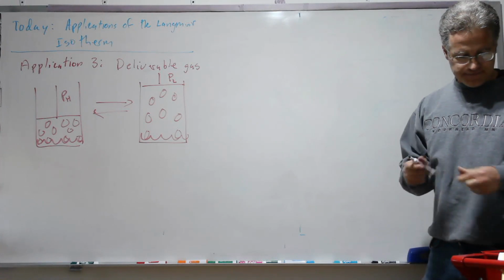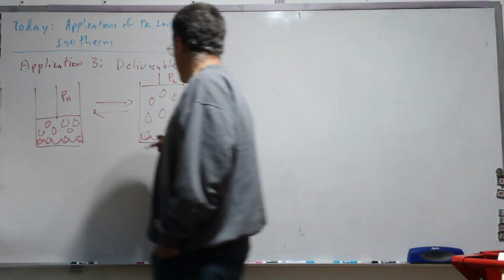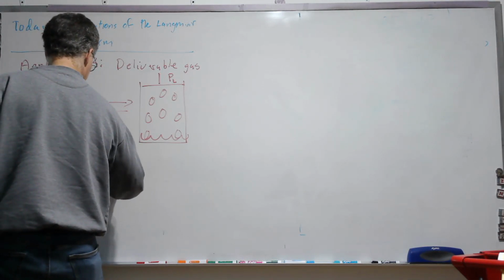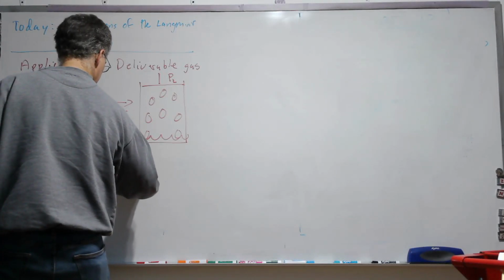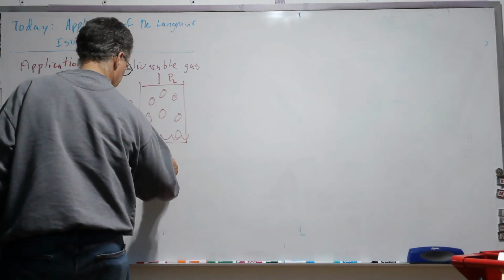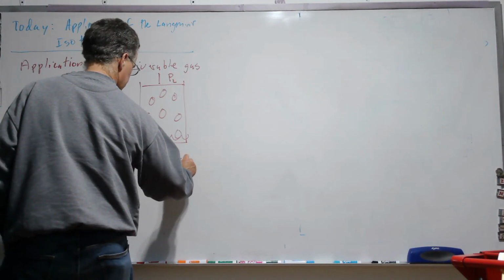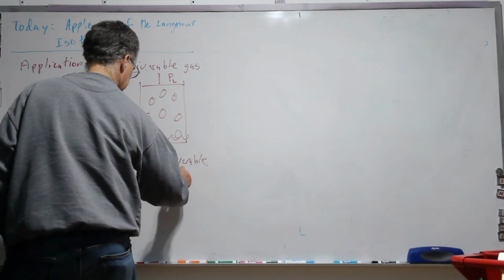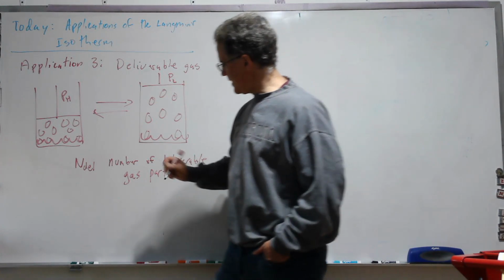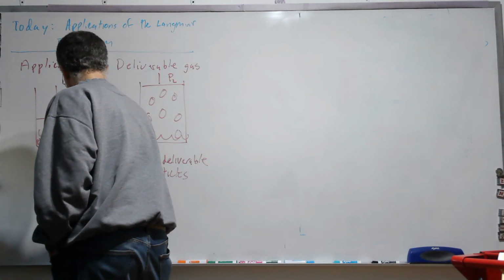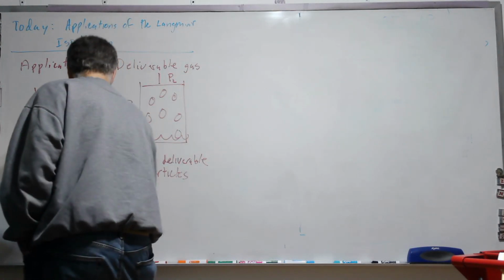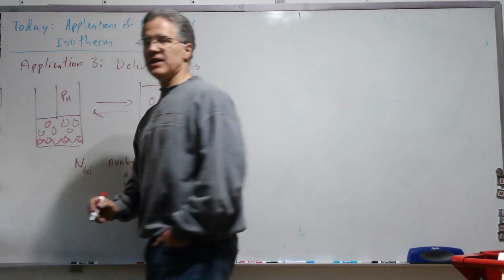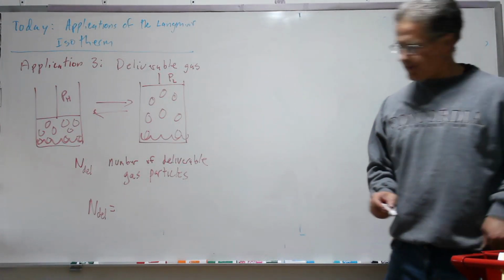All right, so the number released is called N del. This is the number of deliverable gas particles. And N del then is going to be sigma naught.